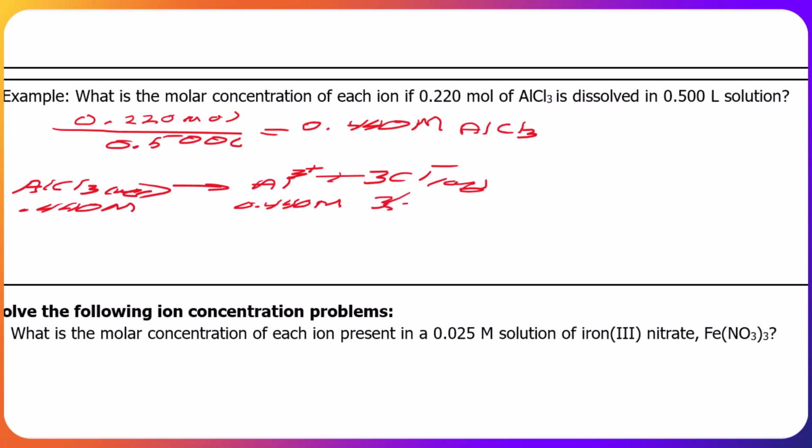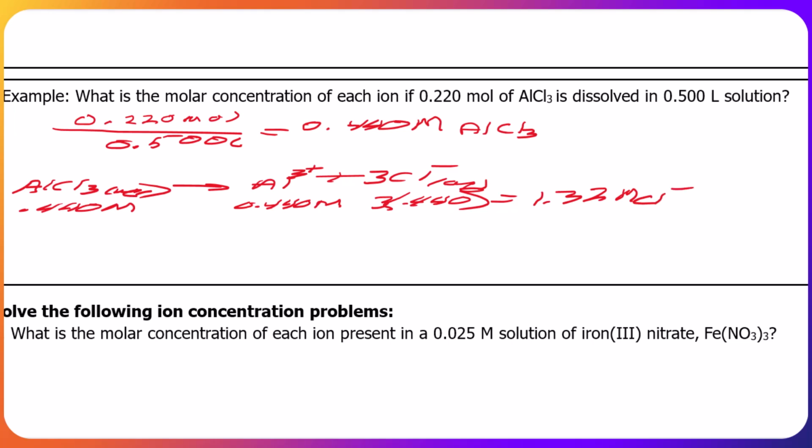So it'll be 3 times 0.440 molar. Our concentration of chloride ions will be 1.32 molar. So this will be 1.32 molar in chloride ion.